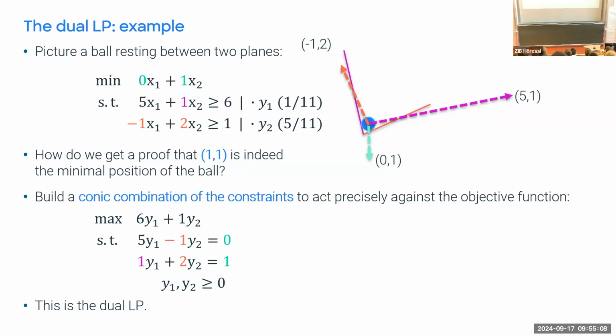How quickly would the objective function decrease? And the rate at which this happens is given by the dual multiplier 1/11. Yeah, and the rate at which this happens, if I relax the orange line, is given by 5/11. And there also you see, of course, so if you relax this orange one, the ball will drop much quicker than if you relax the violet one. And this also is reflected in the ordering of the values of the dual variables. Yeah? So how large a dual value is can tell you something about how important this constraint is, how restrictive it is.